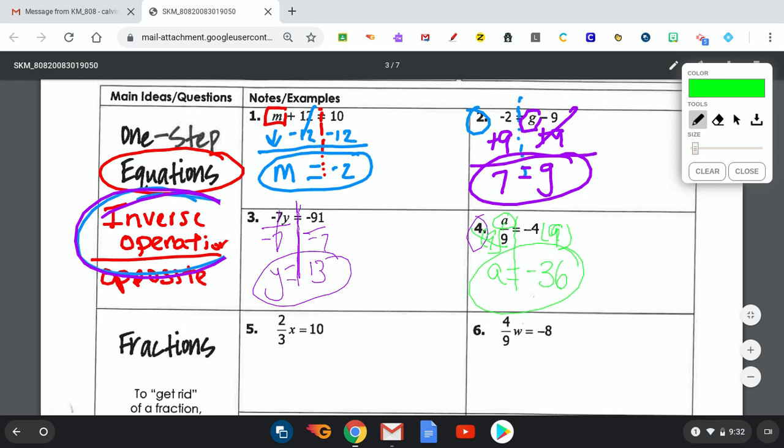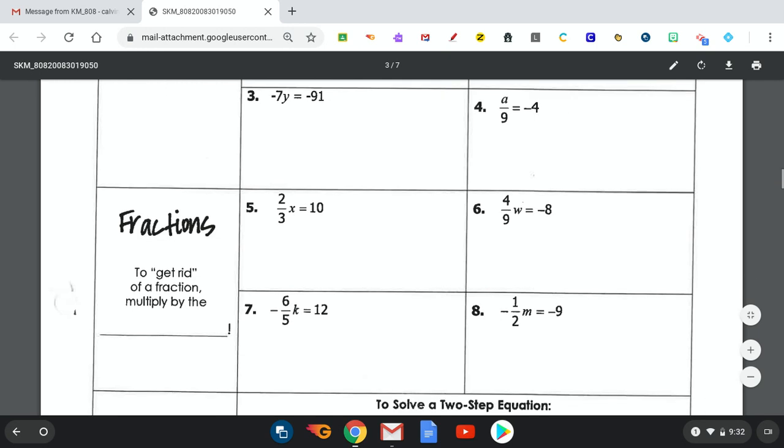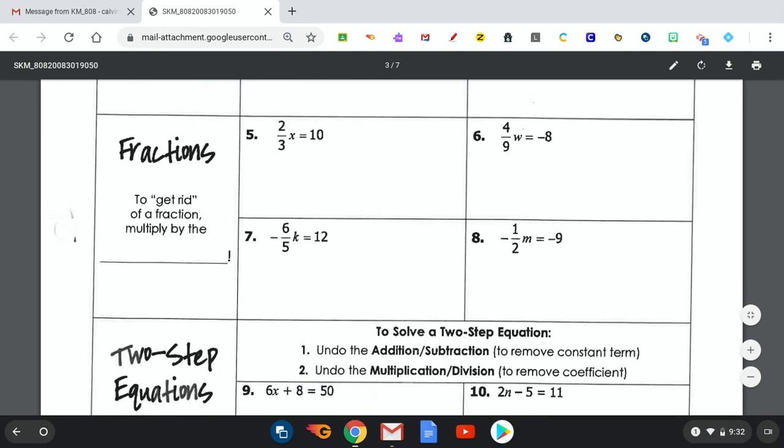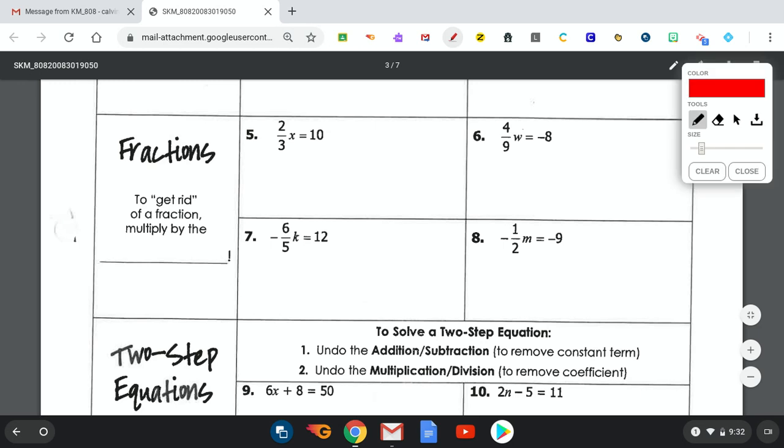Now, these last 2 examples we're going to do are fractions. Okay? They're fractions. In order to get rid of a fraction, and we're just going to do 5 and 6, you have to multiply by what we call the reciprocal.